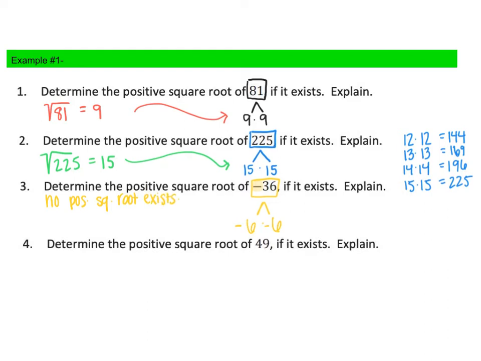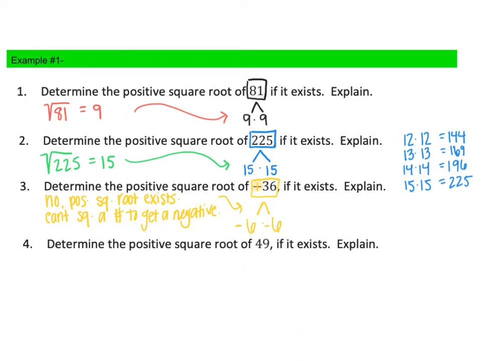And the reason being is that we're never going to be able to square a number to get a negative number. So this does not equal negative 36. It equals positive 36. So this is kind of our work right here. And hopefully that makes sense to you, right?